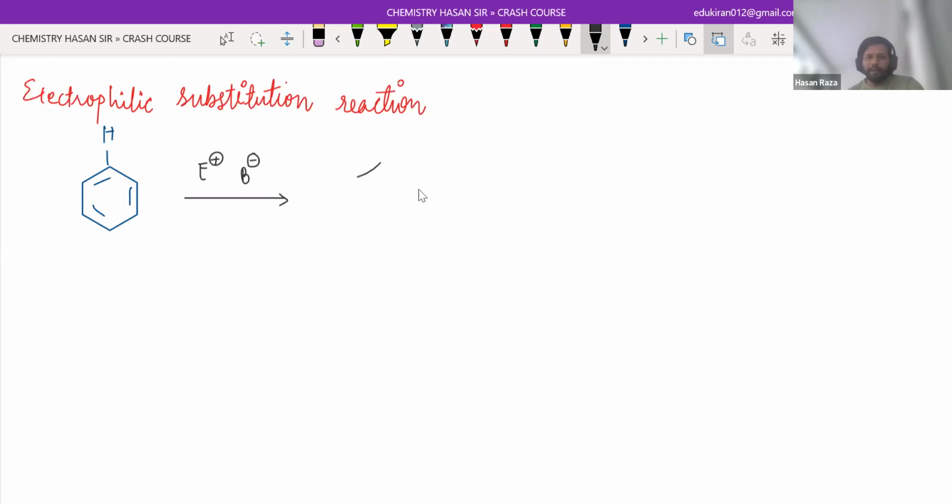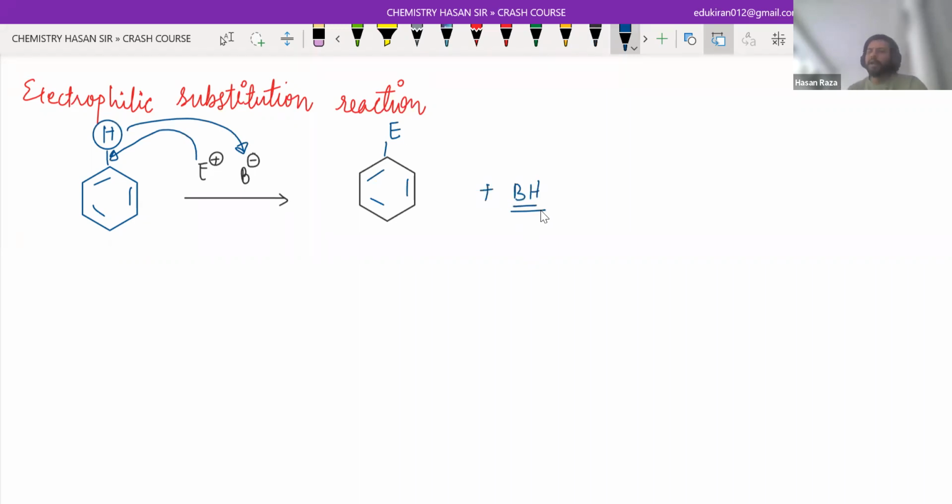In one step, this hydrogen will go with this base, and this electrophile will replace this hydrogen. With this, you can see the aromaticity is not lost, and this BH will be a byproduct. So electrophilic substitution reaction is possible here.